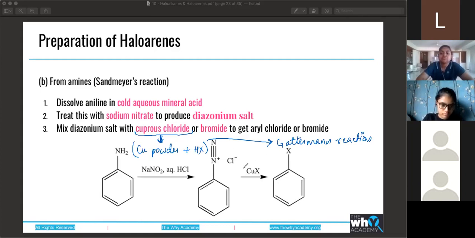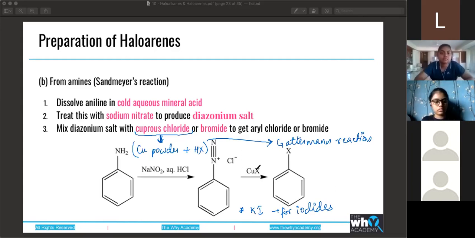And another note, I just mentioned use cuprous chloride or bromide, right? In case you want an iodide, for iodides, use KI. If you have to produce a different haloarene, we simply change our last step where we use the CuX.